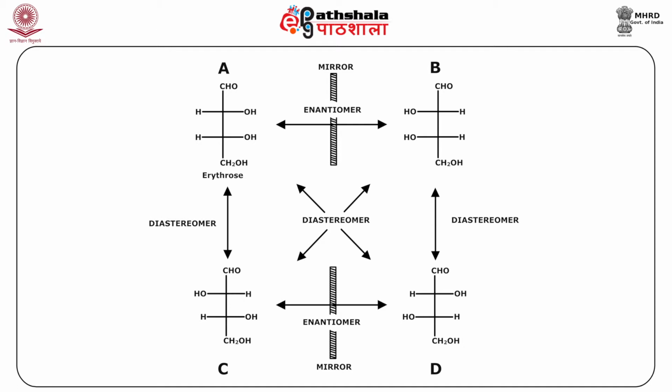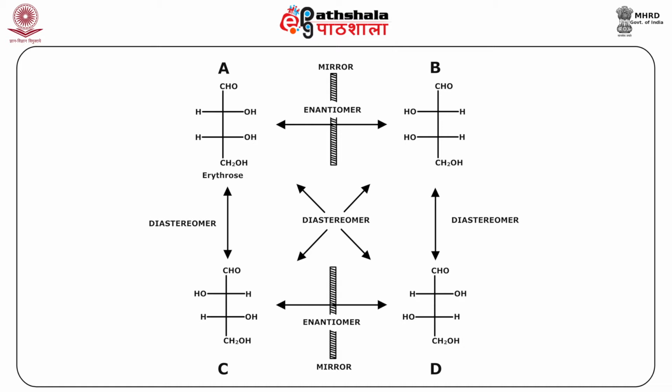All other sets of stereoisomers which are not mirror images, that is A and C, A and D, B and C, and B and D, are known as diastereomers. Diastereomers are stereoisomers which are not mirror images of each other, and unlike enantiomers, diastereomers show different physical as well as chemical properties.